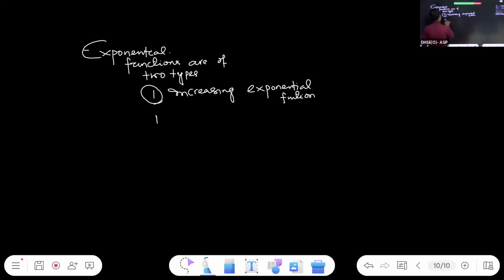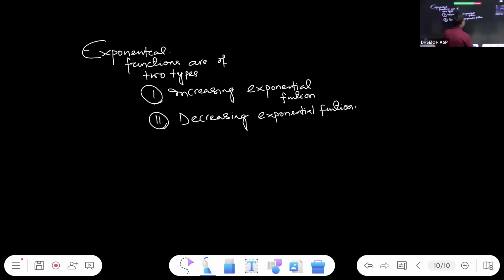Second one is decreasing exponential function.